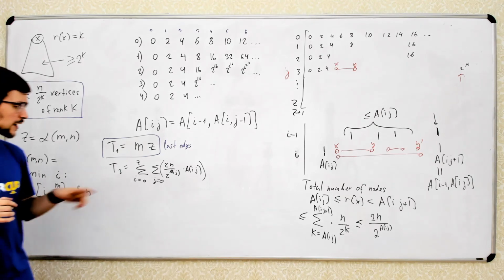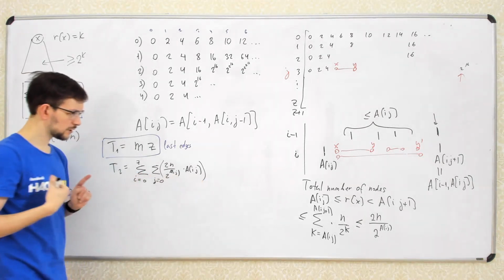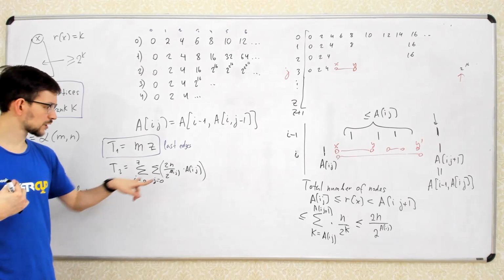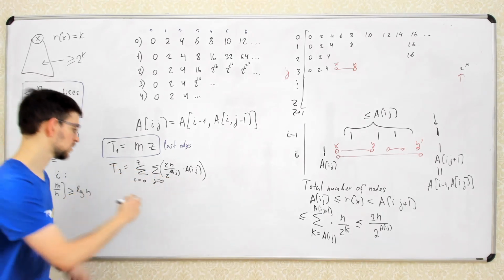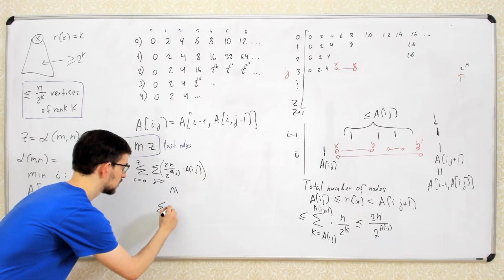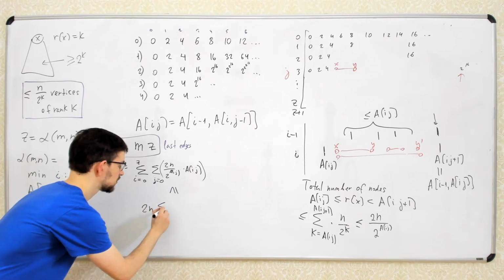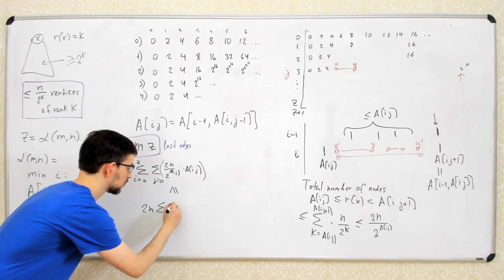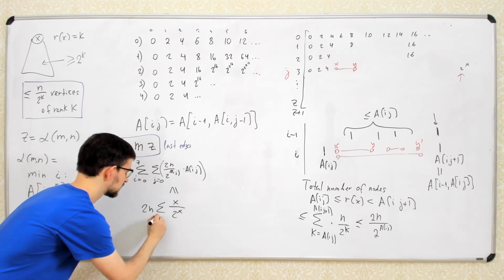That's all. Now again, this sum is just some series. This is some constant. So again, this is no more than sum 2n multiplied by sum x divided by 2 in power of x.